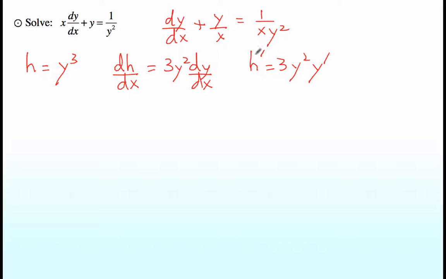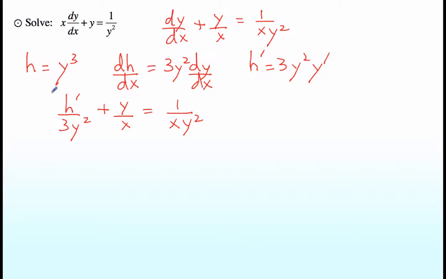And now y' is h' over 3y squared. Let me put that in over here. So h'/(3y squared) + y/x = 1/(x y squared).